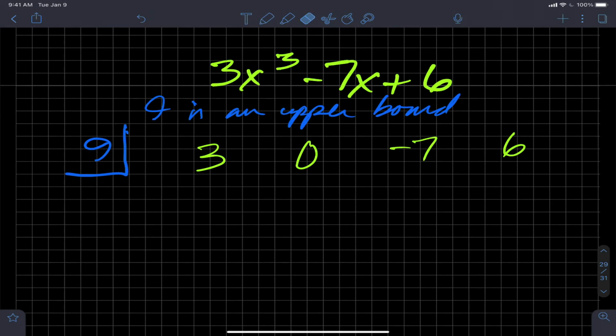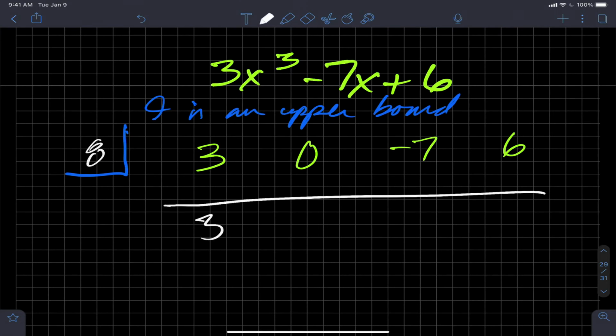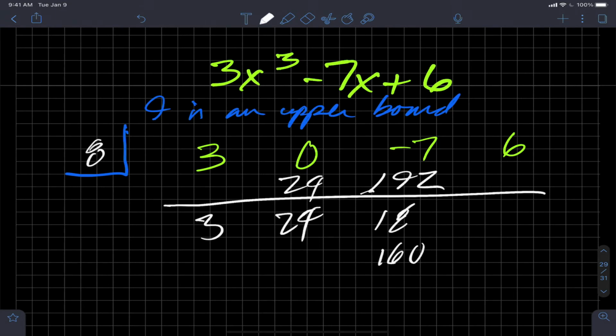Let's try 8. So if I stick 8 in there, we'll do some synthetic division again. I'm going to do this quickly because I'm pretty confident 8 is going to work based on the numbers that resulted. So 3 times 8 is 24. 8 times 24 is 160, 32, 192. Subtract 7 from that, and I get 185.